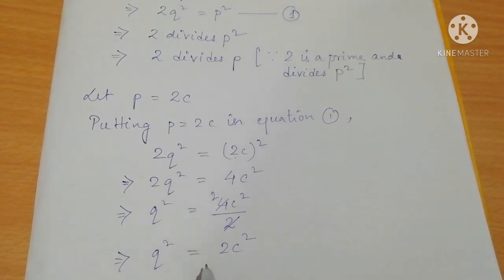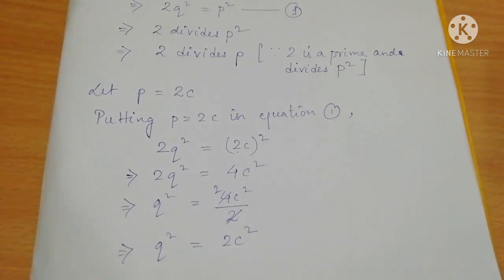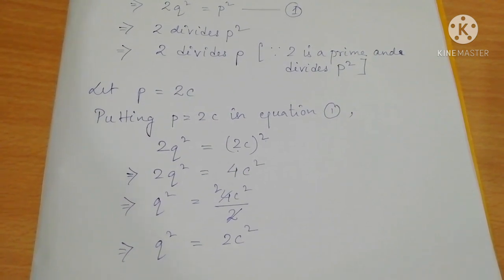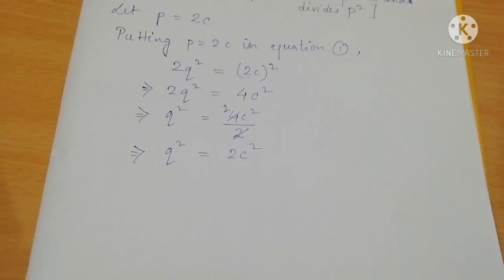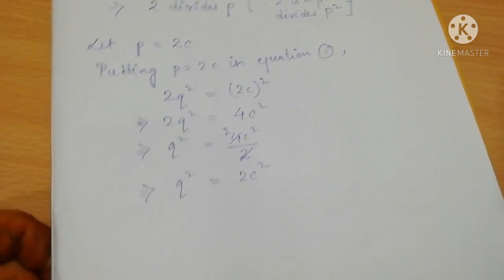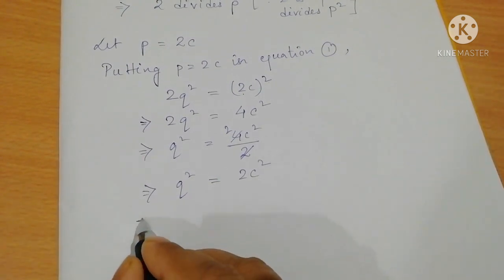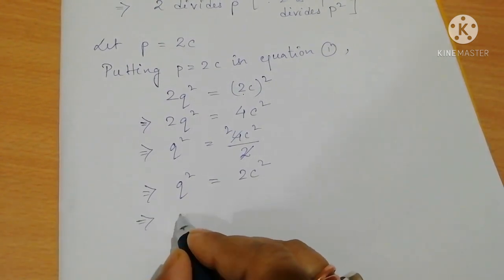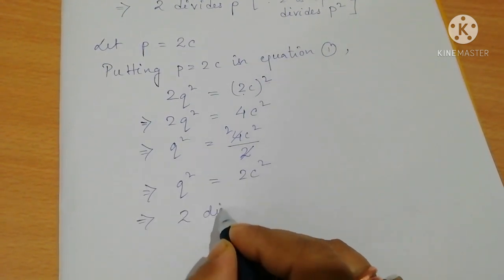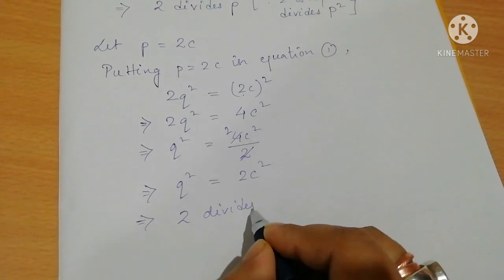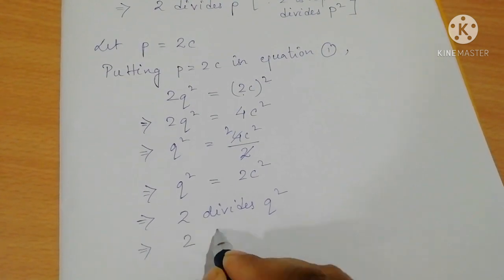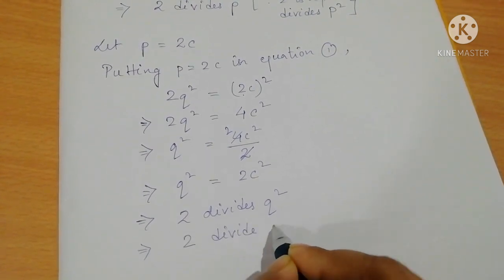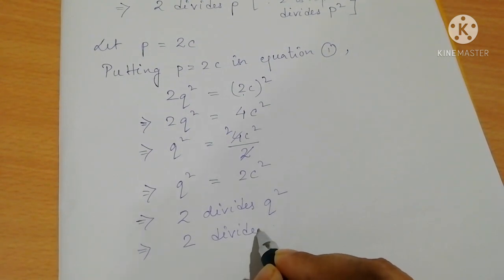If q square equal to 2c square, what can we write? We can write that 2 divides q square and 2 divides q.